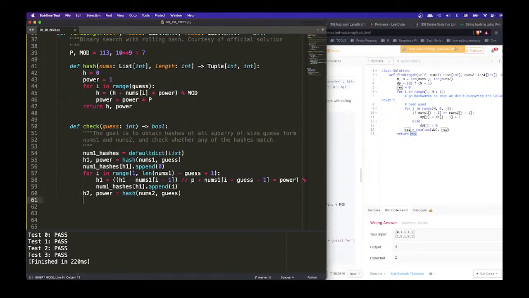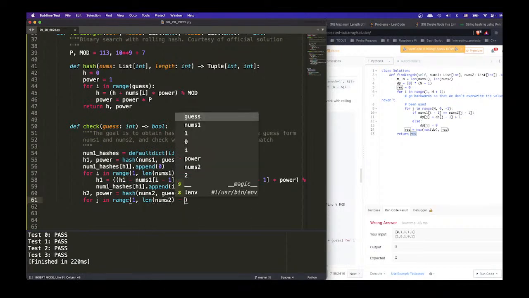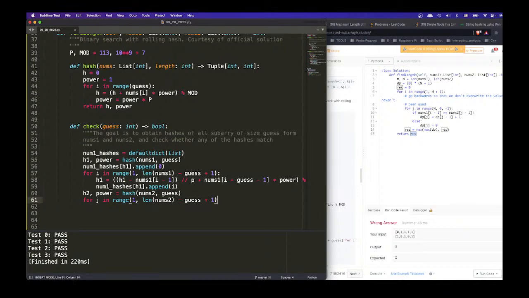Then we just say for j in range 1, len nums2 minus guess plus 1, h2.